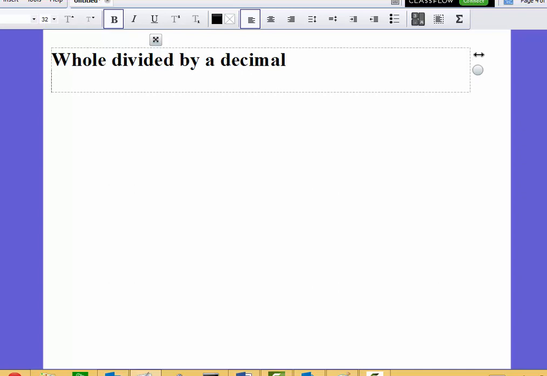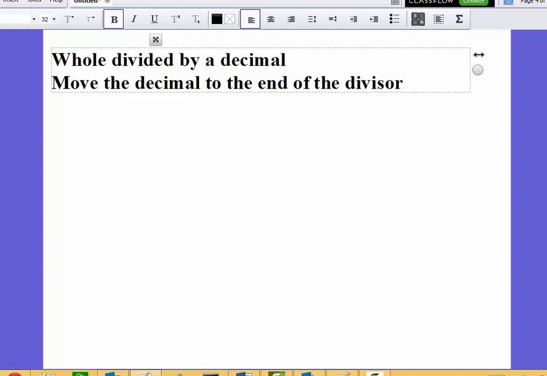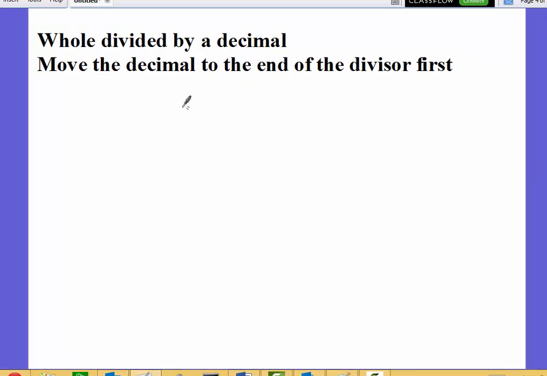When we have a whole number divided by a decimal, we move the decimal to the end of the divisor first. And then I'll give you an example. So my first step, when I have a whole number divided by a decimal, my first step is I move that decimal to the end.